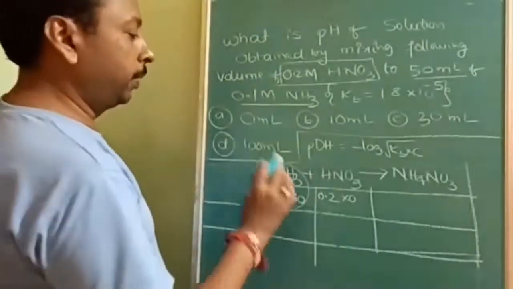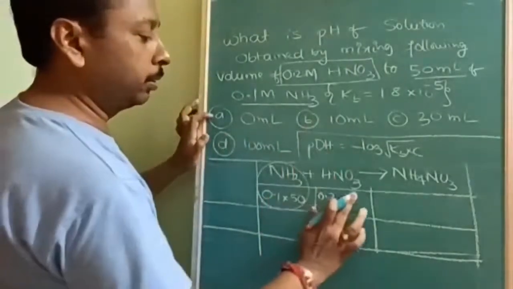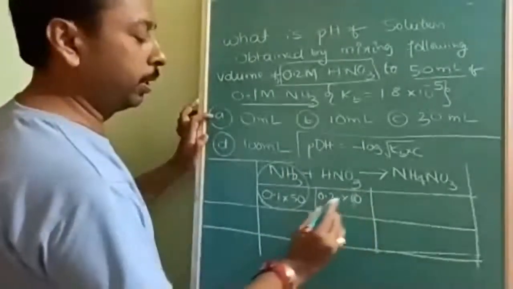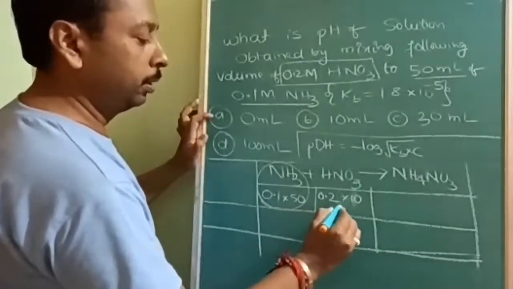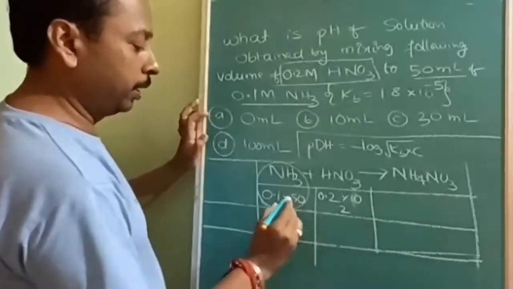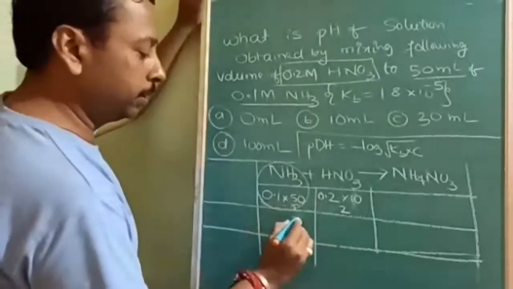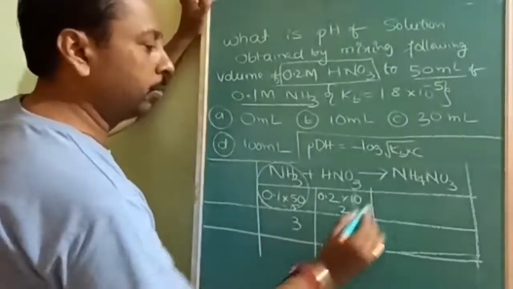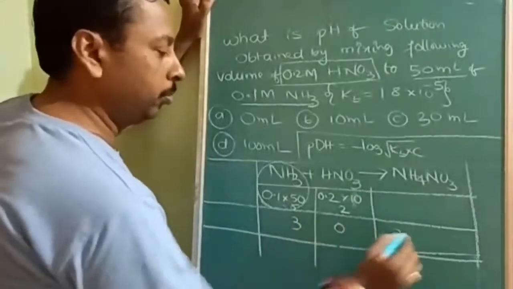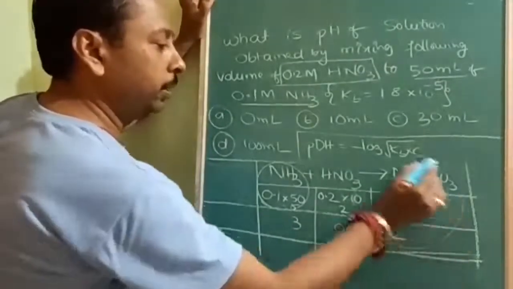In the next part it is 10 ml. So 10 ml means 0.2 into 10, it will be 2. And the base is going to be 5. So 5 and 2, this will be 3 base, 0 acid, and 2 salt. So which formula will you use here?